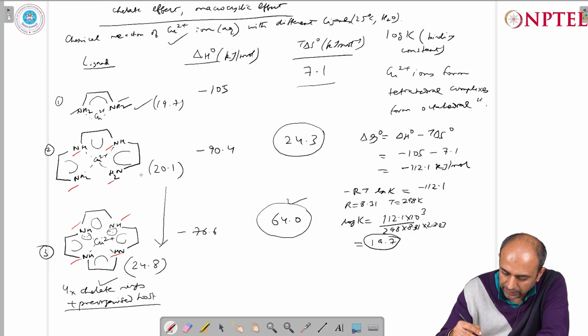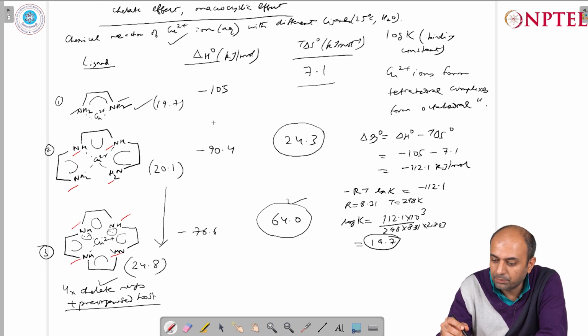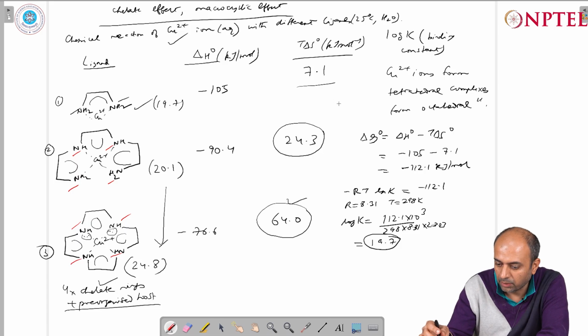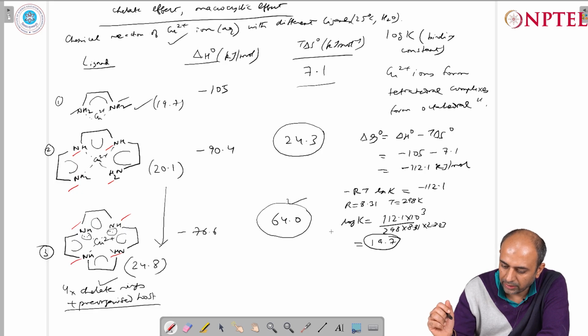Okay, so when you go from second to third, you have replaced 2 of the NH bonds by the ethylene spacer, so overall, this hydrophobic hydrophilic balance is what decides delta H0, and a combination of both the enthalpy change and the entropy term is what decides the overall stability or the binding constant of these complexes.